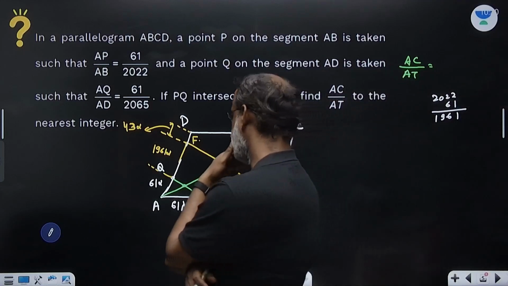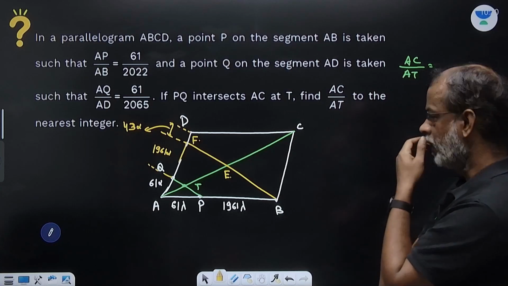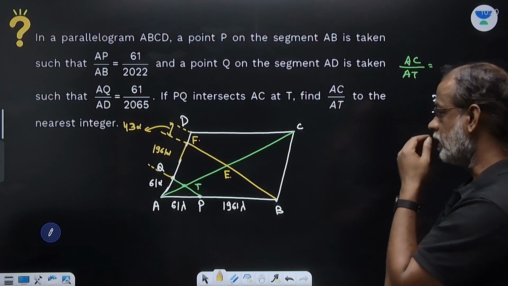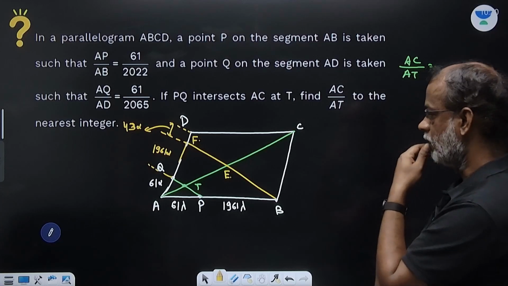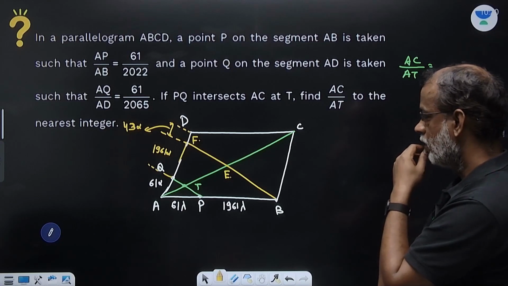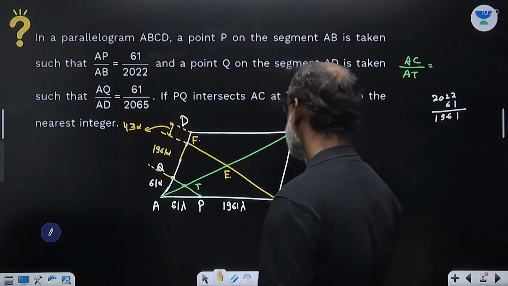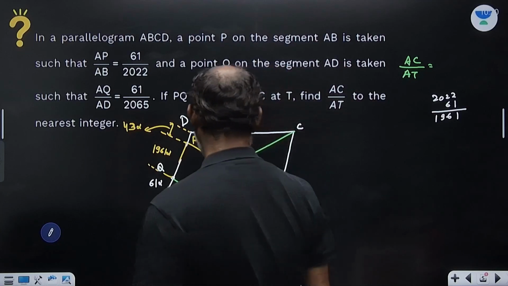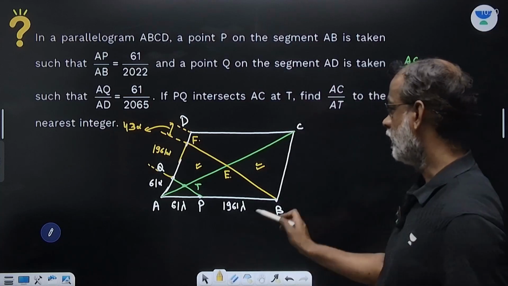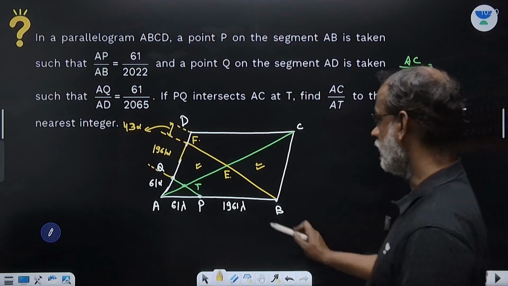Now, if you look at it properly, these two are definitely similar triangles, APQ and ABF, they are similar triangles. So, we can find ratio of AT-AE, okay. First and foremost, this triangle and this triangle, these two triangles are similar, okay. AEF, BEC, these two triangles are similar triangles, okay.